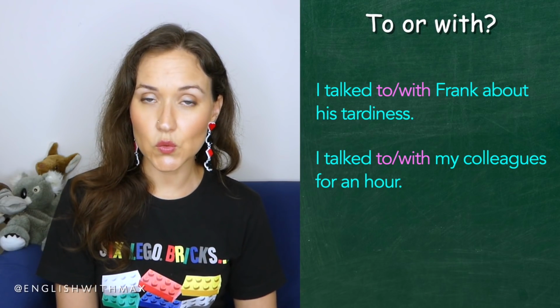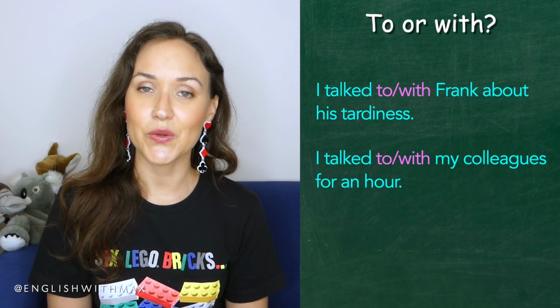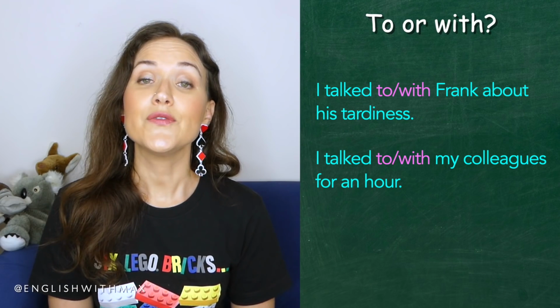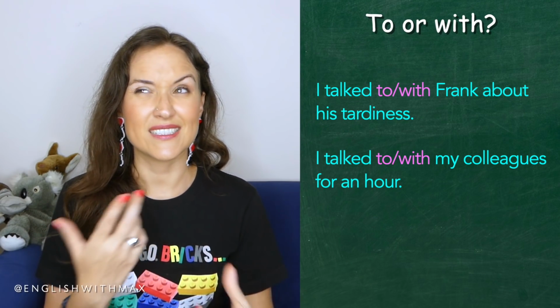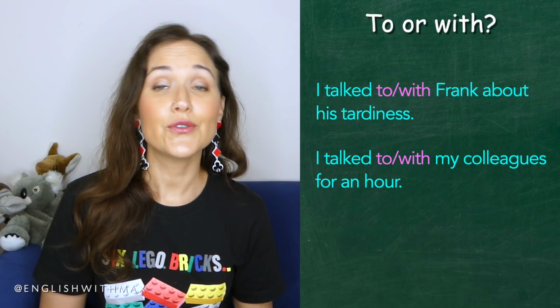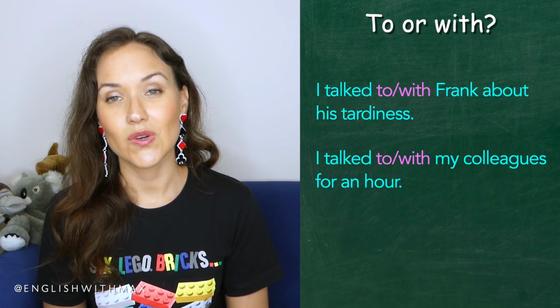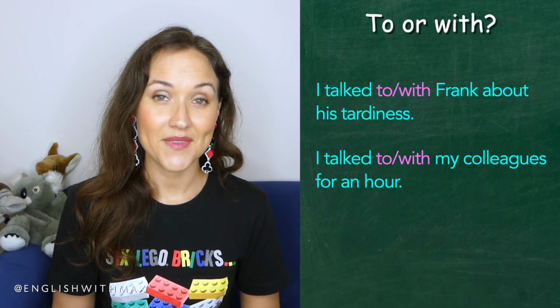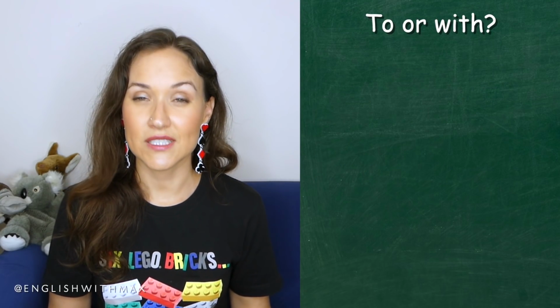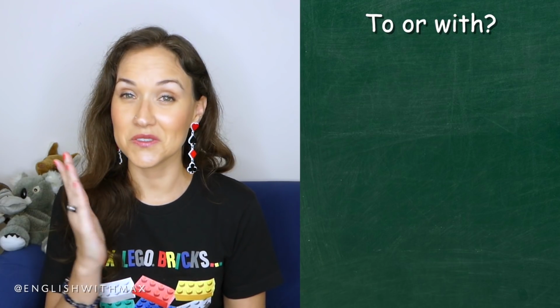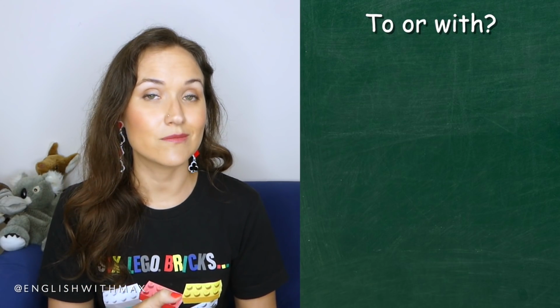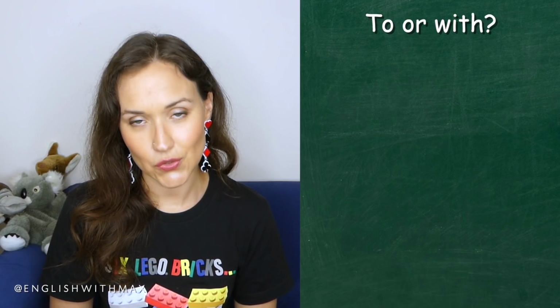Here is the basic rule for to and with. If you have a conversation between people, if there's an exchange, you can use either to or with. If, however, you have a situation in which the talking is basically just going in one direction, you should use to.